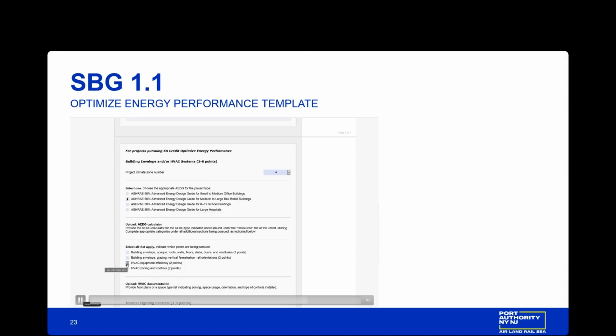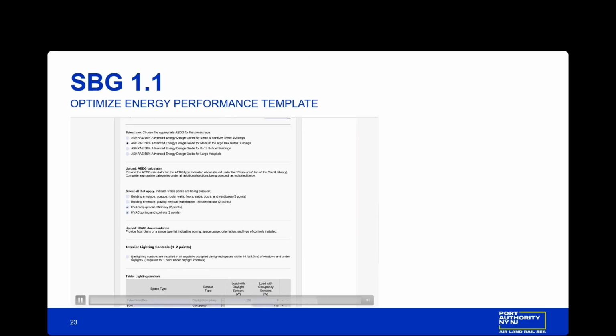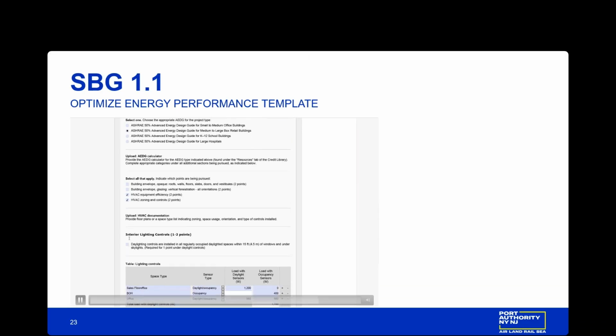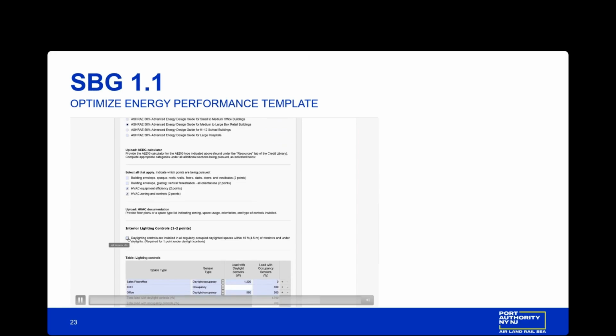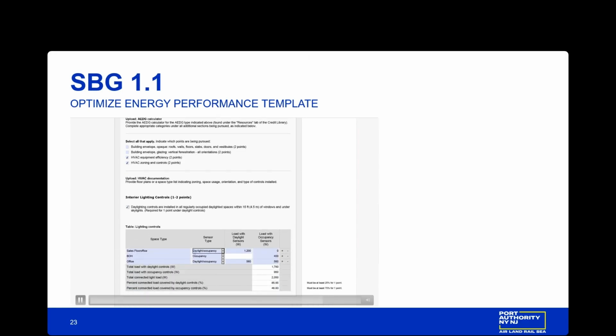And for the AEDG guidelines, you usually select the Advanced Energy Design Guide for large box retail buildings. We don't have schools or hospitals, or maybe small to medium office buildings. But again, here, if your project has zoning efficiency and controls, as well as equipment efficiency that are outlined in the AEDG guidelines, you select those and you'll get additional points.